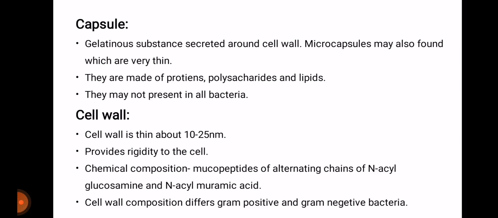The cell wall composition differs between gram-positive and gram-negative bacteria. The cell wall of gram-positive bacteria contains up to 95% peptidoglycan and about 10% teichoic acids. In gram-negative bacteria, the cell wall composition is more complex. It is made up of several layers.